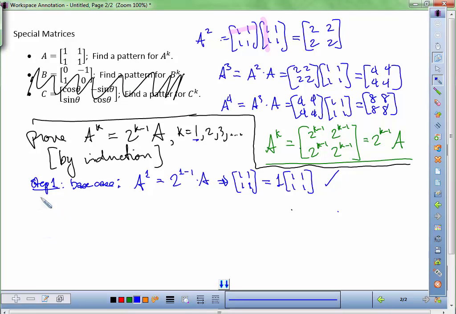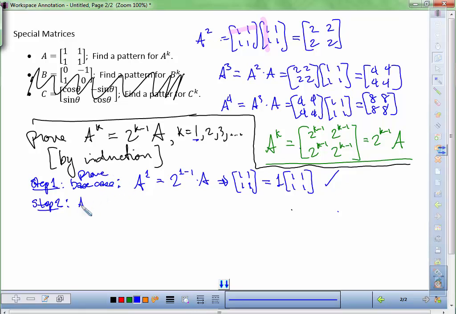So that's step 1. Step 2 is not something that you do, it's an assumption. So step 1 is prove the base case.